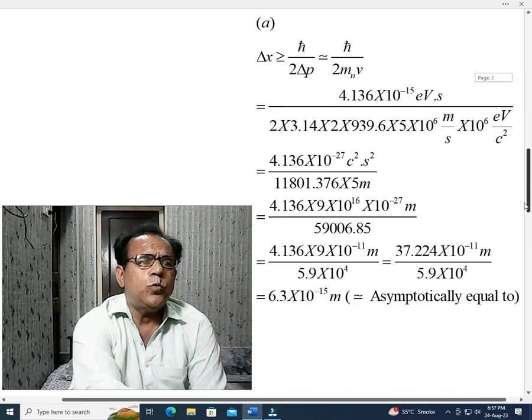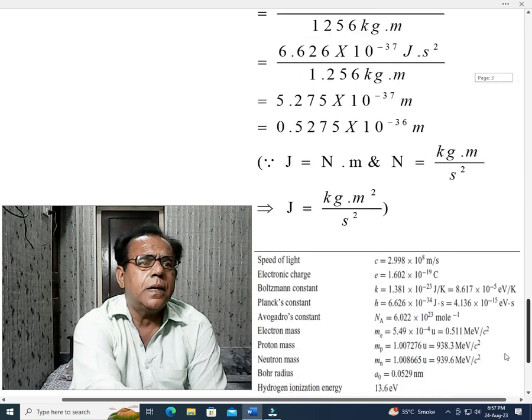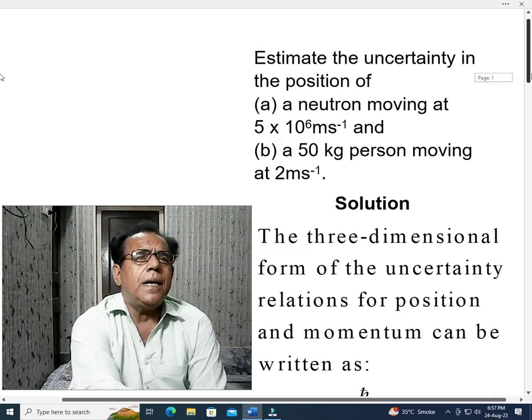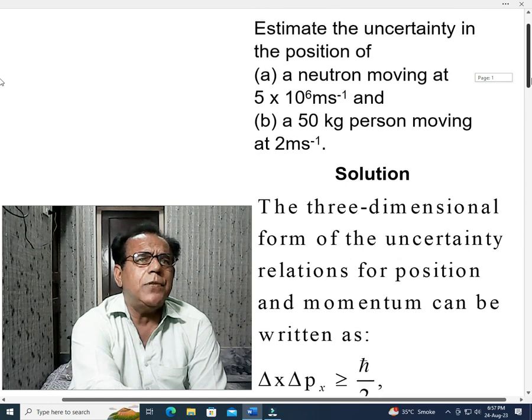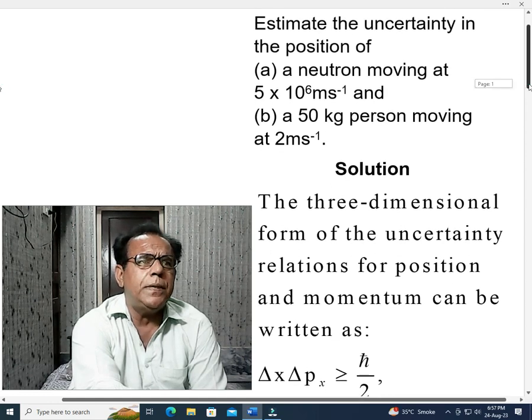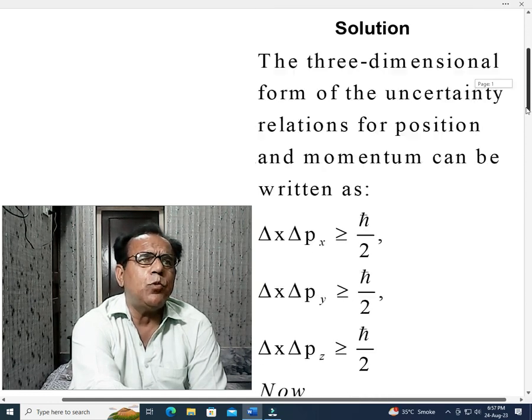It has two parts. At the end, we have a table from which the required values will be taken. Now we come towards its solution.